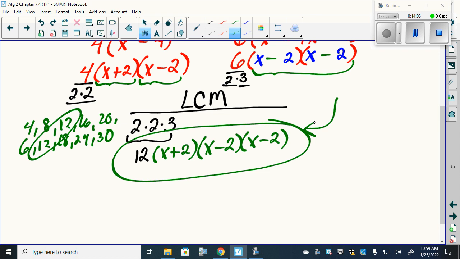Yes. So x minus 2, the reason you want to do it twice is because of this. Well, this one here has it. We need them to be the same. Because we're trying to figure out what I need to do to these two to make them be the exact same.